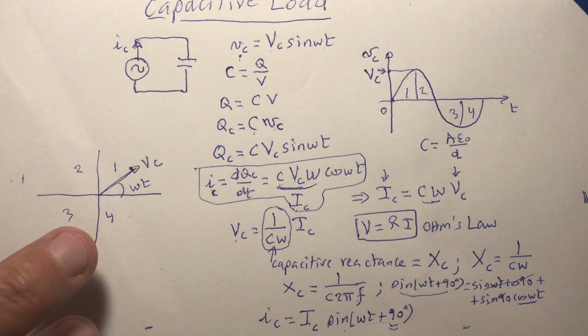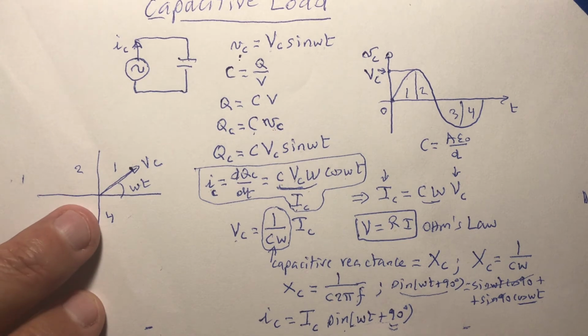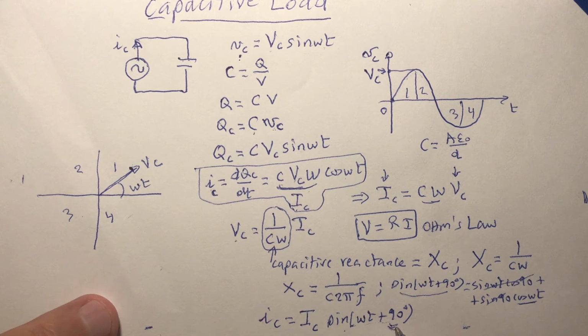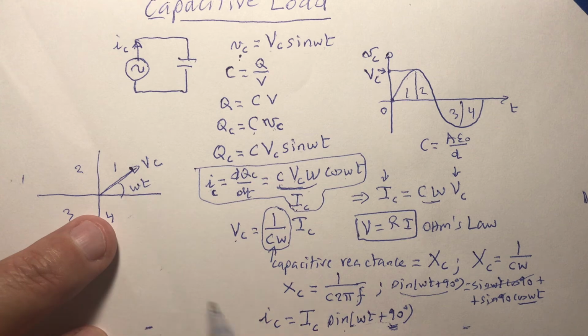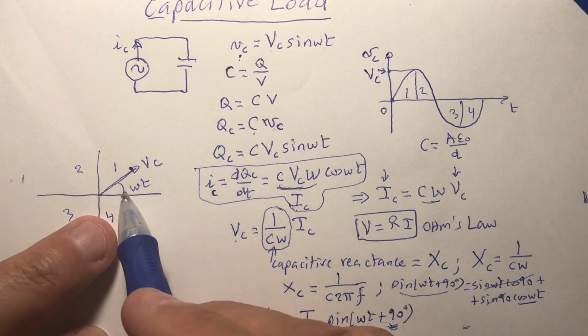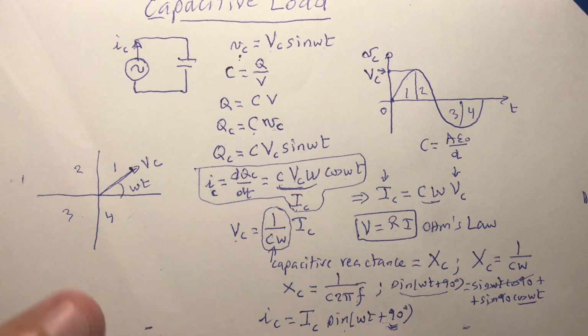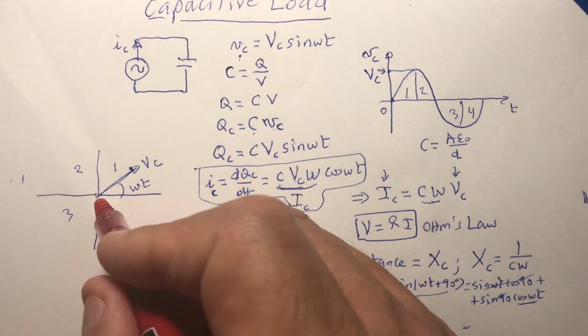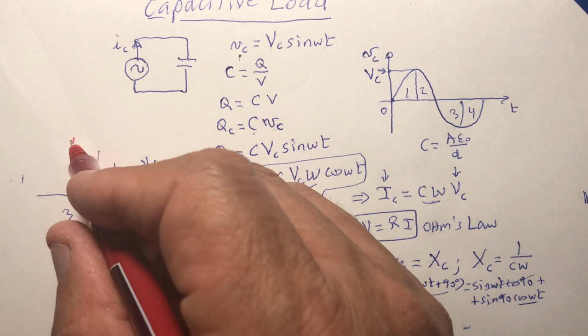Now, let's do that for the current. Okay, so the current is advanced. The angle here for the current is 90 degrees plus omega t. So I have to add 90 degrees. So what I do, here is the current.